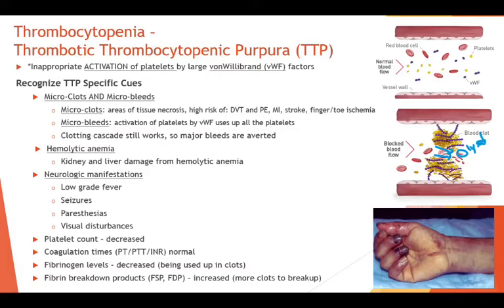There's also some neurologic manifestations. Again, this is kind of an autoimmune disease as well, but it is not attacking platelets directly. What it's doing is it's attacking the thing that is supposed to be breaking down these von Willebrand factors. So it is an autoimmune disease, does cause a low-grade fever, does cause these little microclots in your brain and in your eyes.